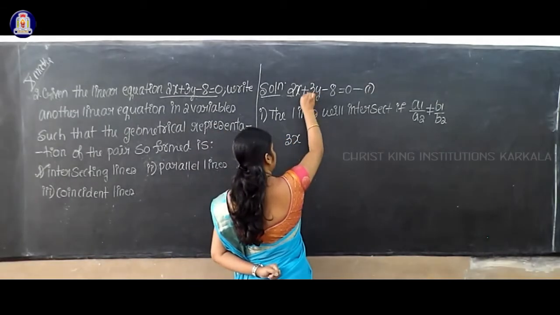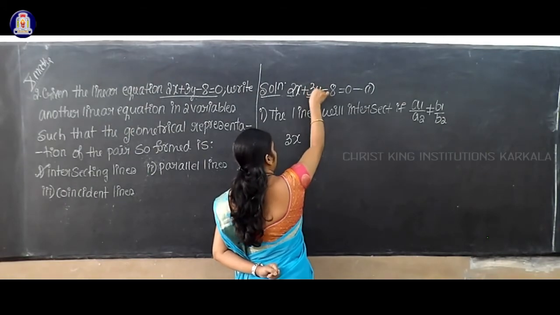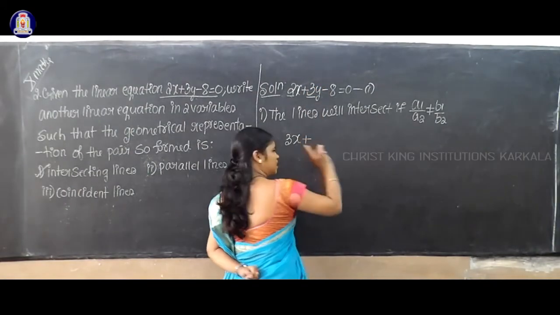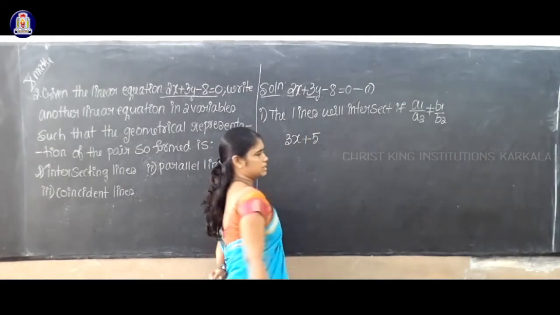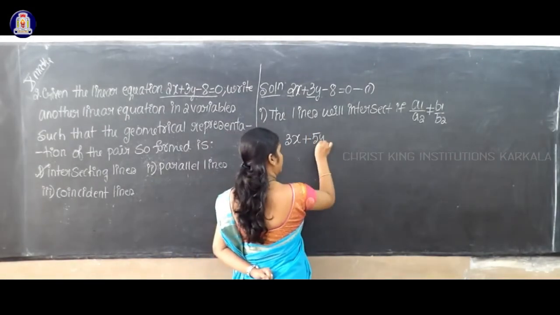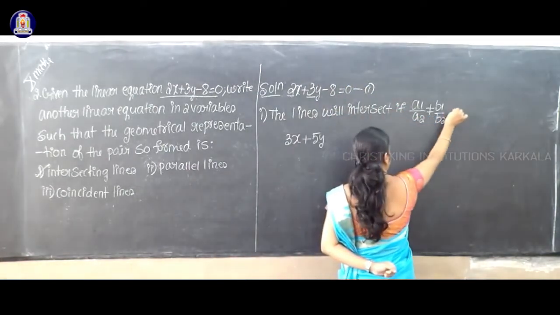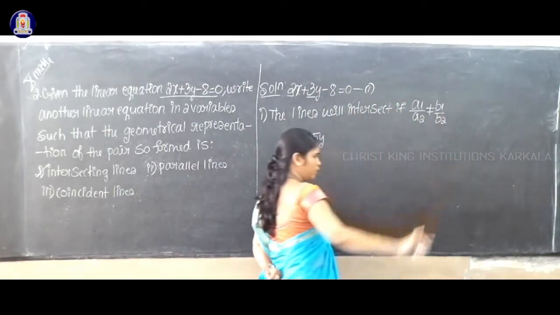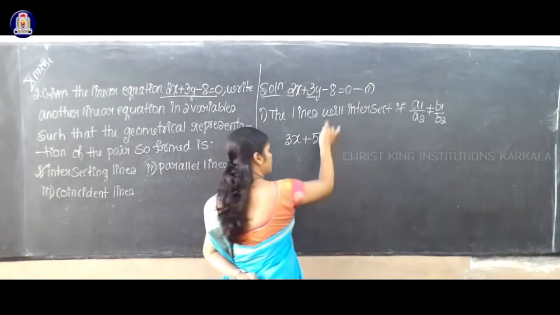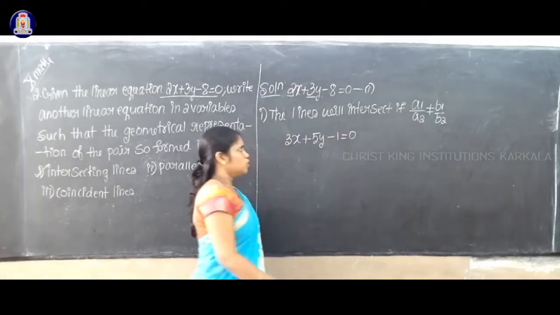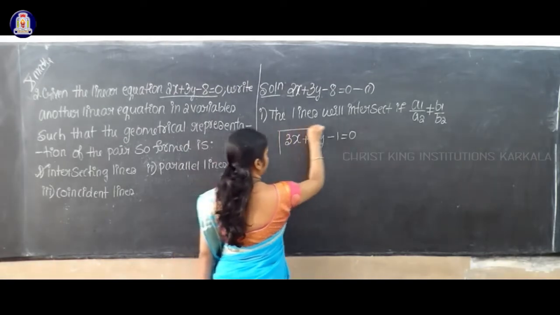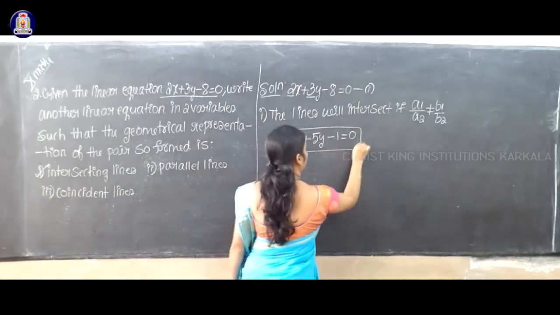Next, b1 is equal to 3 here. Instead of this 3, you can consider any other number. For example, I will consider 5y. The third number does not matter here because only a1 by a2 not equal to b1 by b2 is required. So you can consider any other number. Minus 1 I will consider. So this is the newly formed equation.